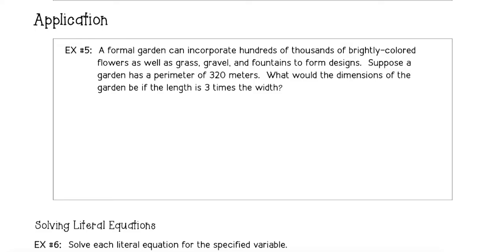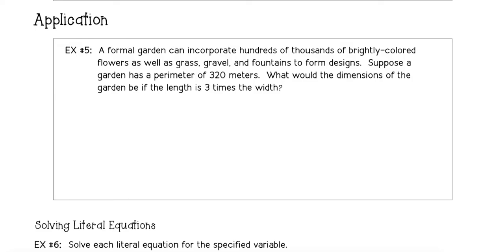A formal garden can incorporate hundreds of thousands of brightly colored flowers as well as grass, gravel, and fountains to form designs. Suppose a garden has a perimeter of 320 meters. What would the dimensions of the garden be if the length is 3 times the width? All right, so let's go ahead and draw ourselves a garden.